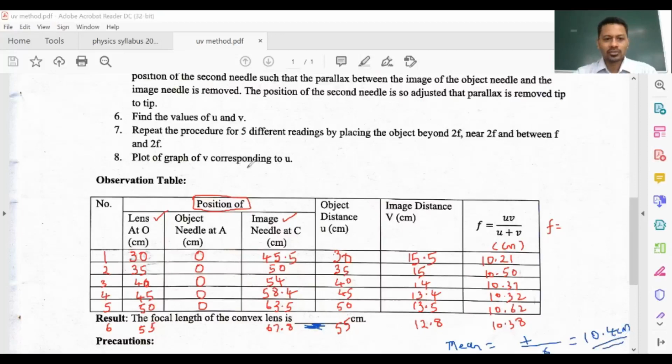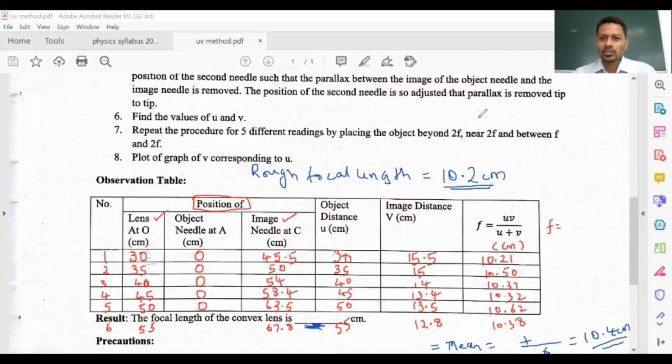And the rough focal length, that you should write in your journal up here, the rough focal length we got in the experiment. So rough focal length we got there as 10.2 centimeter something. So that value of rough focal length and the mean value should be nearly the same.